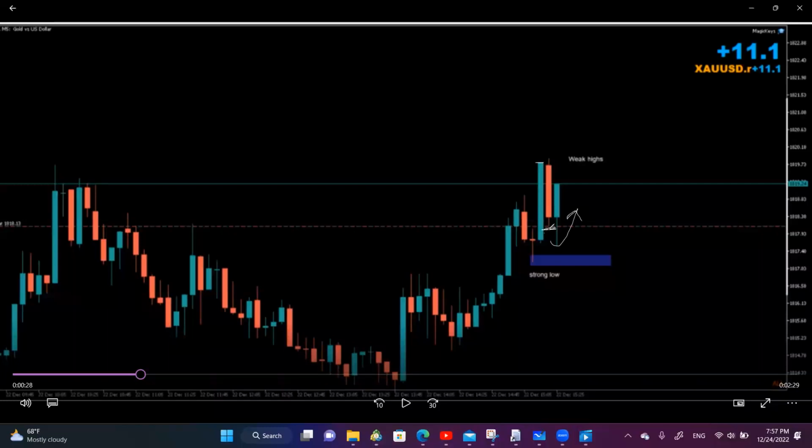I took entry here. Why? Because I wanted my stop loss to be short or small. So I took that impulse move, and then the price turned it down, I think, in the rest of the session, which I don't care as long as I have secured my profits.